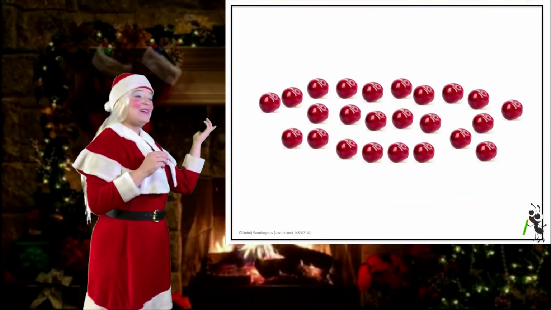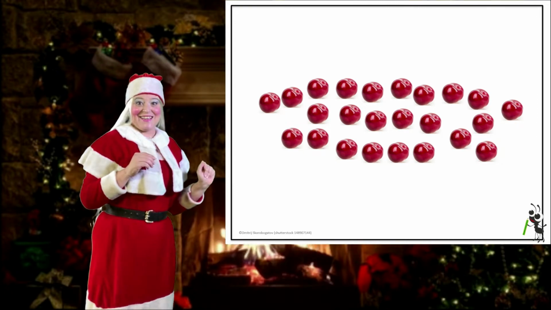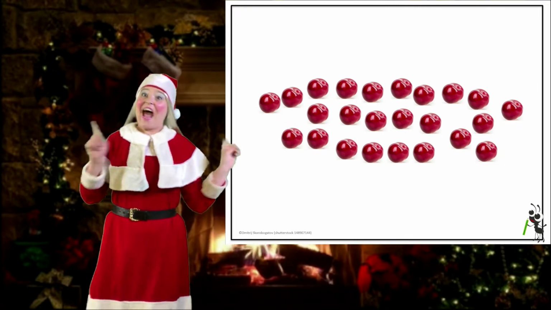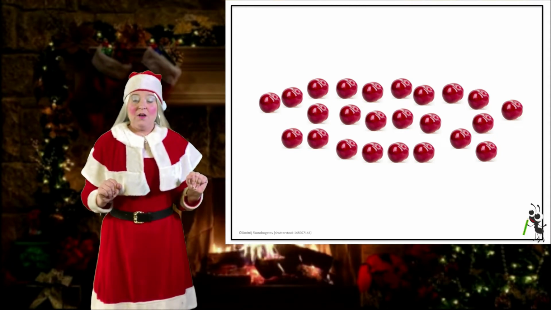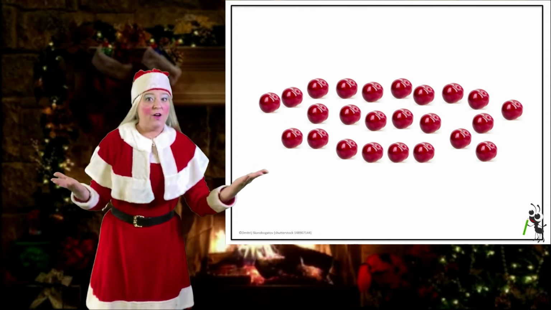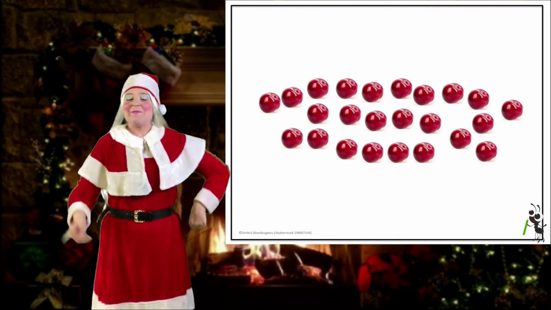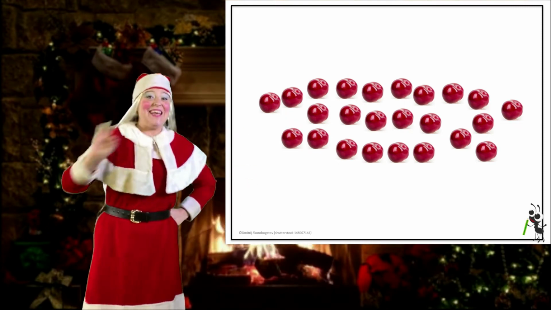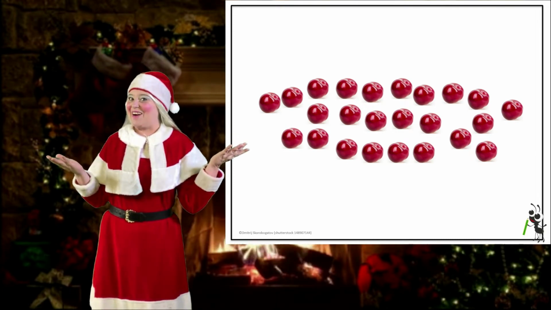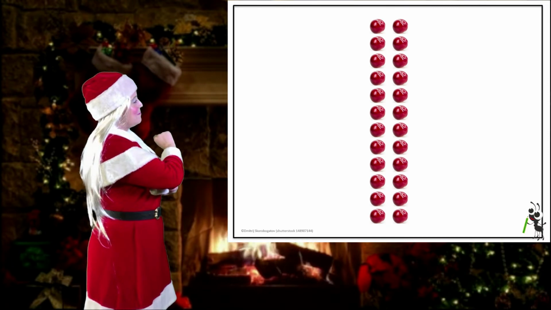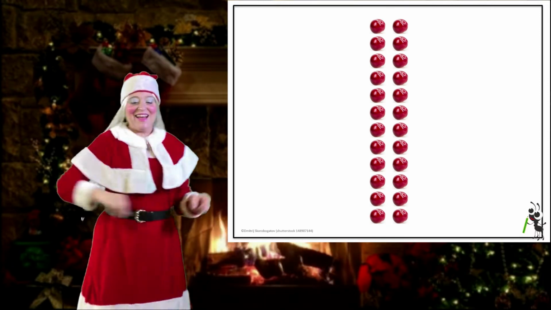Here we have some cherries. If I wanted to count all of these cherries, well, I know that when I want to count a larger group of objects, I can count them in equal groups to make the counting easier. There.